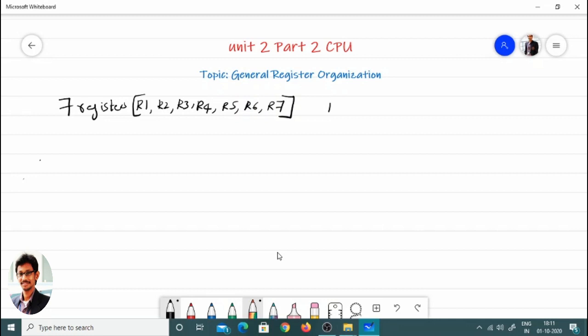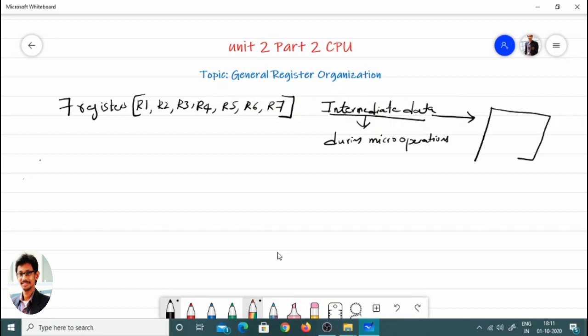Now what is this intermediate data? Intermediate data is data which results during micro operations. If this intermediate data is placed in memory during micro operations, then what happens?